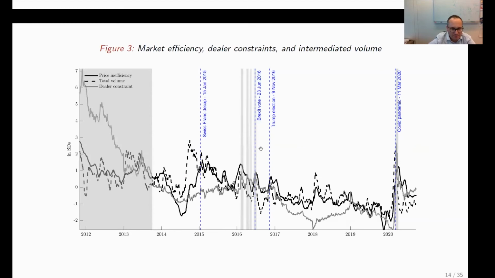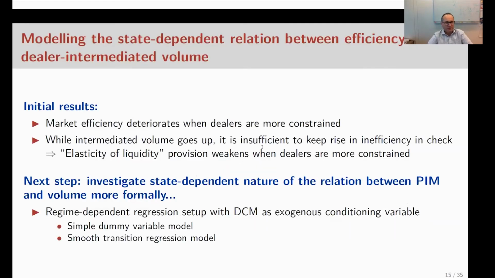Let me just skip this one here and turn now to this state-dependent relation between efficiency or inefficiency and dealer intermediated volume. As the table previously showed, we have this initial finding that market efficiency tends to deteriorate when dealers are more constrained, as captured by our DCM variable.